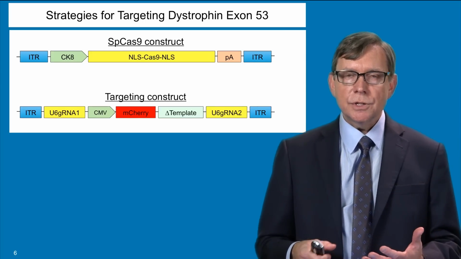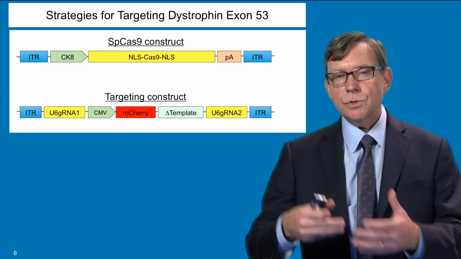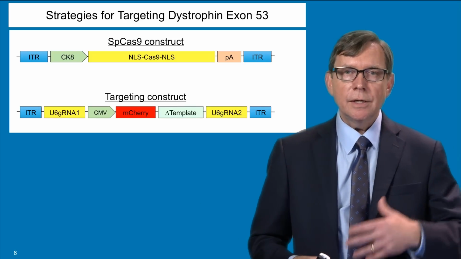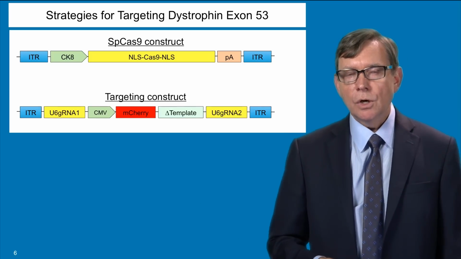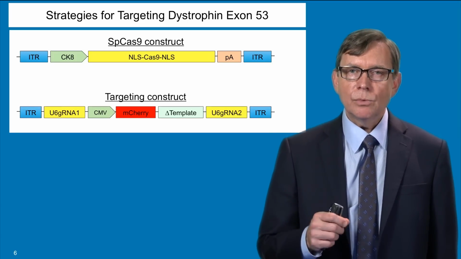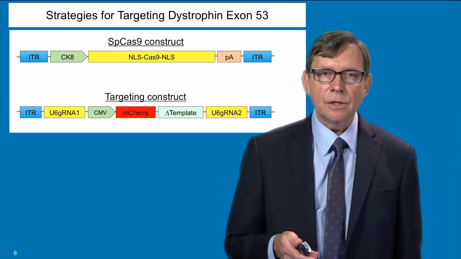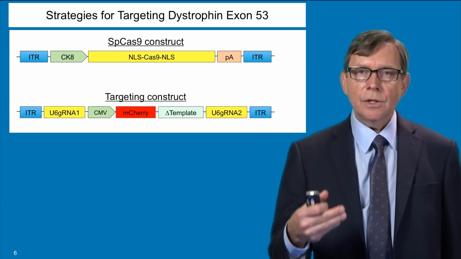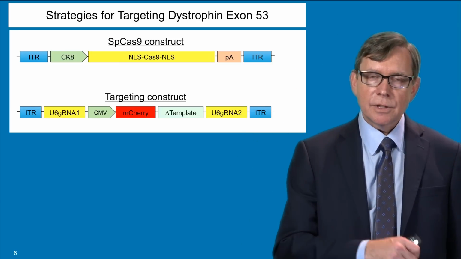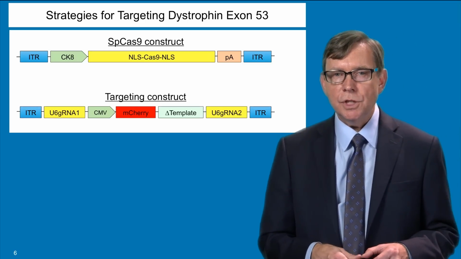Neither of those approaches is a permanent method of therapy, because when the AAV vector goes away, your therapeutic vehicle will go away also. But the CRISPR-Cas9 system potentially represents a way to permanently correct the mutation within the cells. But first we would need to get it into an AAV vector, deliver it to muscle cells, and then have it act upon the mutant gene.